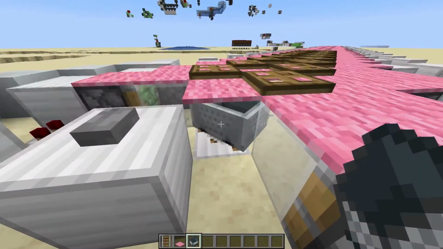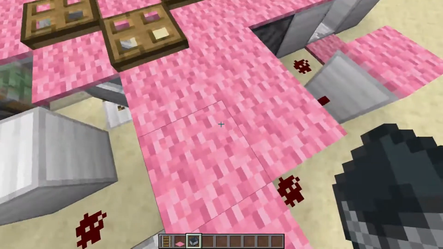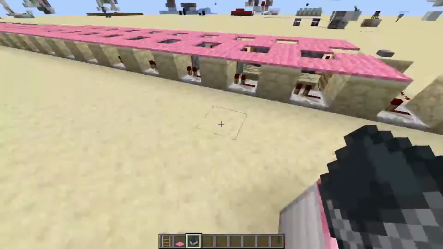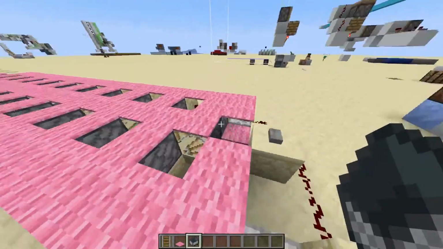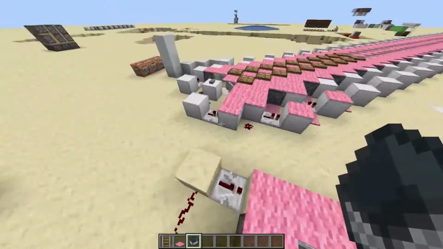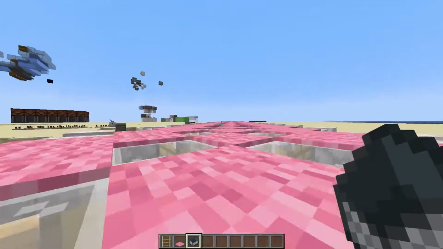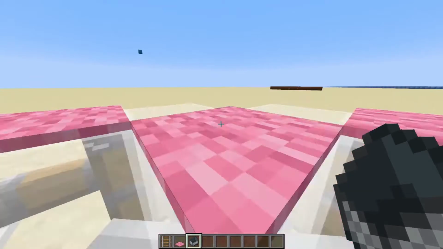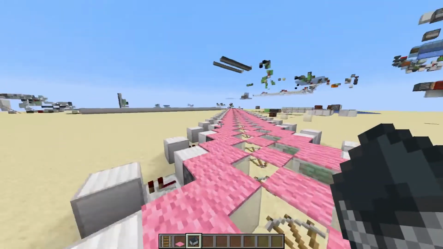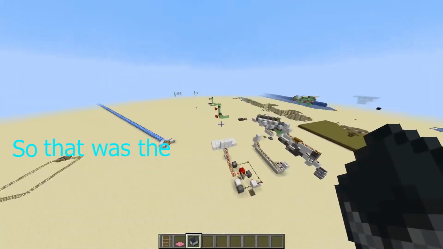This sideways one is even faster, because right here we have 2 sets of pistons that push at the same time. As for this one, only one piston pushes in a tick. Right here I will show you the same thing, and it is around 27 blocks per second, I believe. So that was the piston bolt.